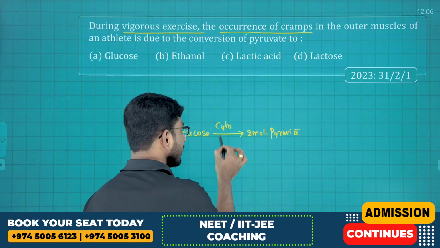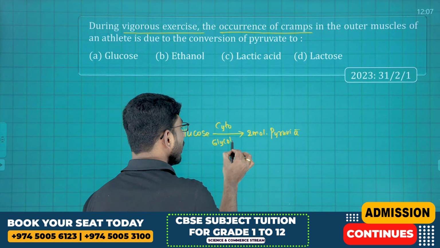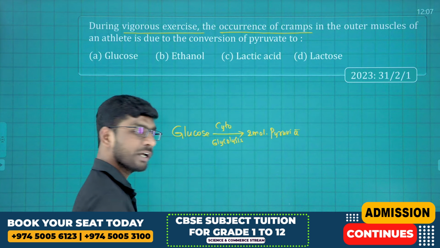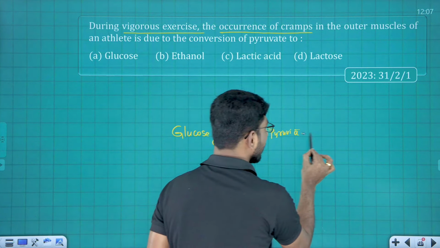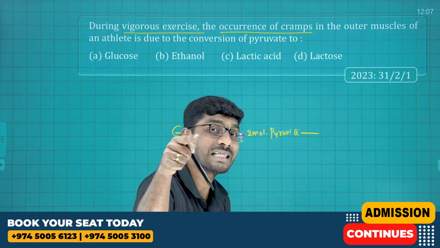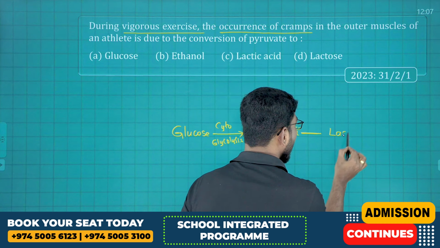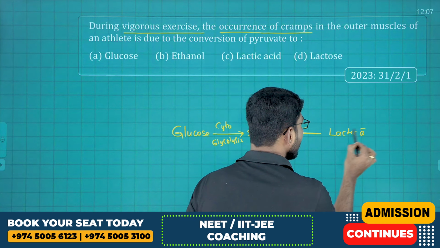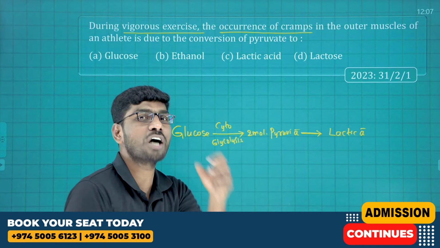This process takes place where? In the cytoplasm. This process is known as glycolysis. Okay, this term is not given, don't worry. Due to the lack of oxygen in the muscle, this pyruvic acid is converted into lactic acid. This lactic acid accumulates in the muscle to cause cramp.